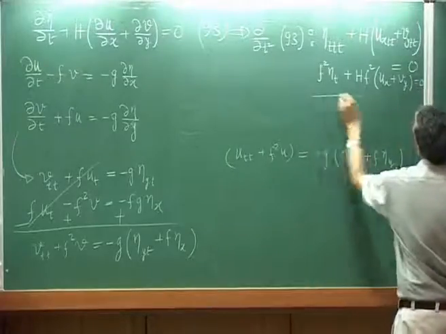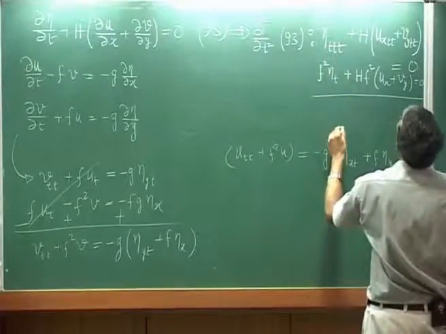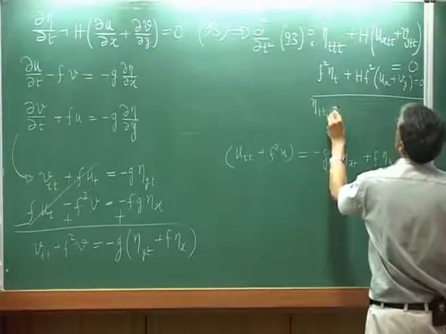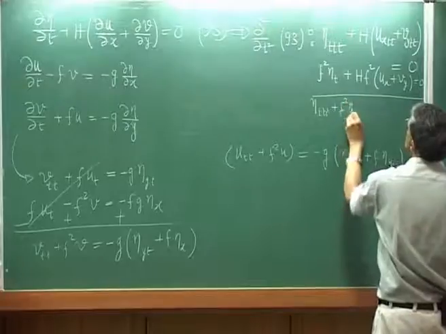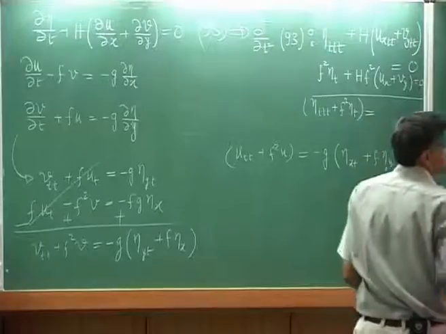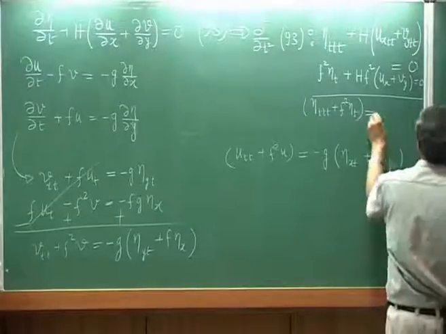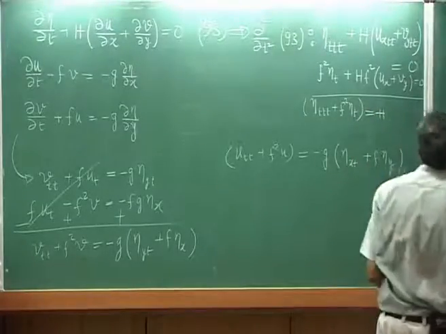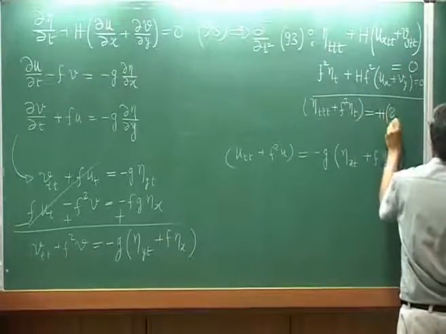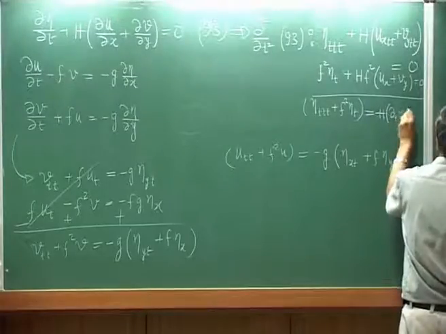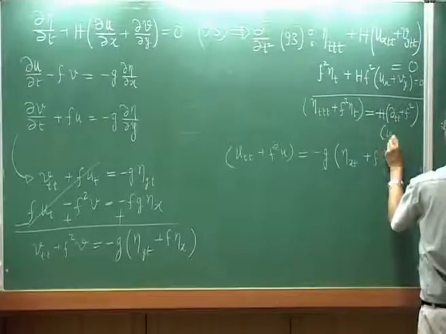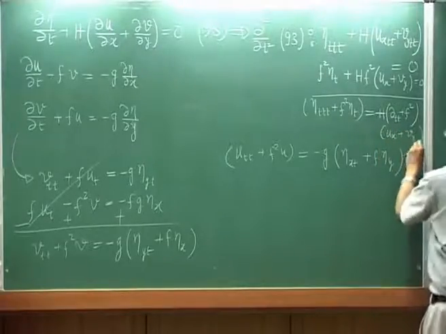So, if we add that, we are going to get eta, and post all the terms on the right hand side, and that will give us minus h, and these 4 terms we can club them together and we can see they are going to give us this operator operating on u x plus v y.